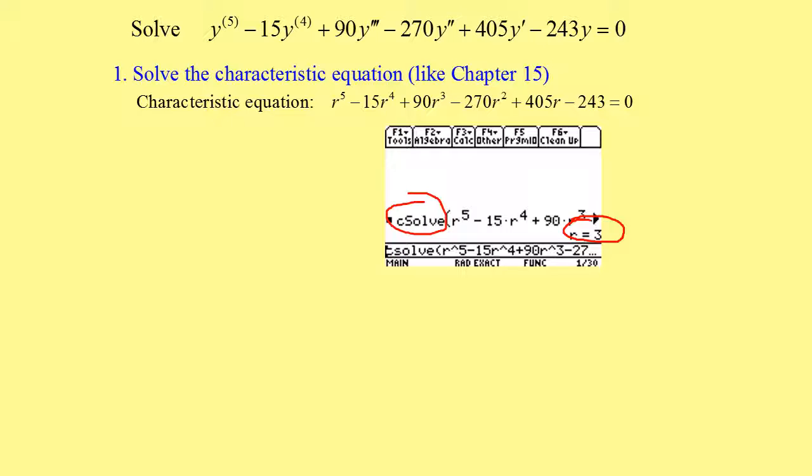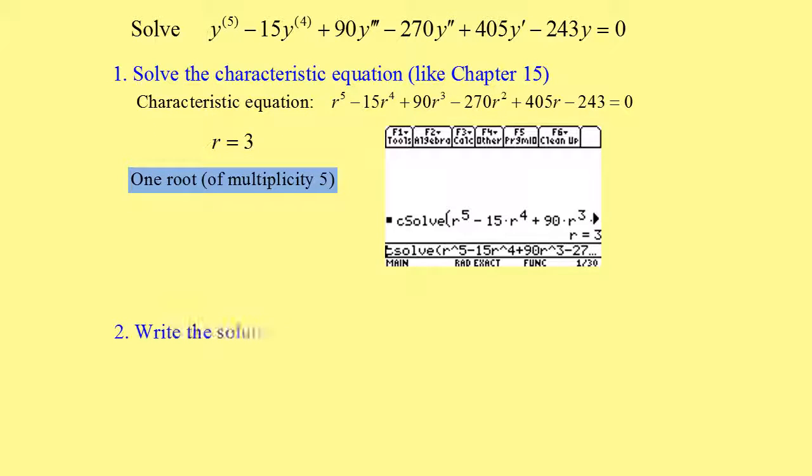Well, since it only lists r equals 3, and this is degree 5, I know that the 3 has to be a solution 5 times. So here's how we would write our answer.